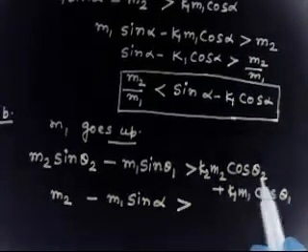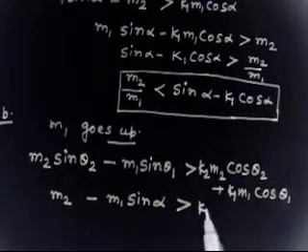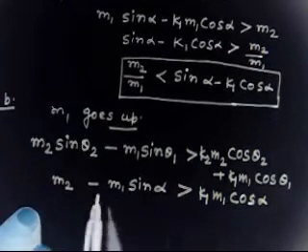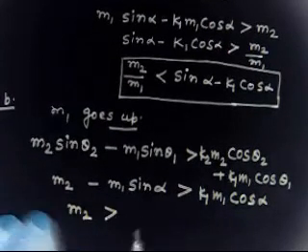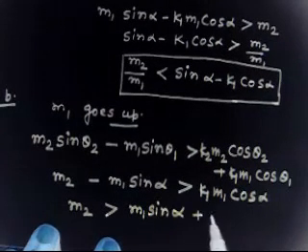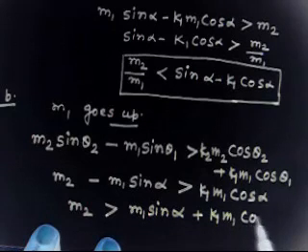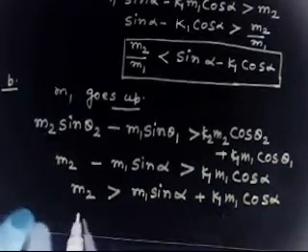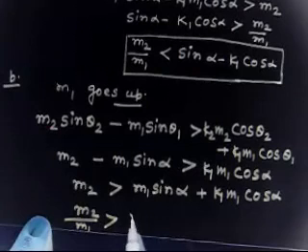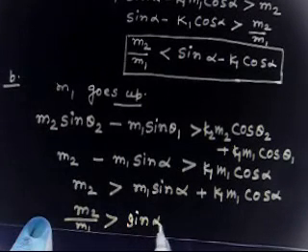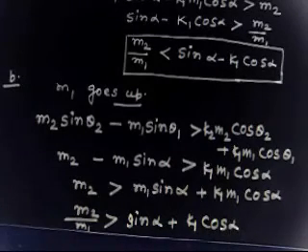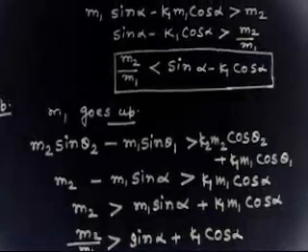This should be greater than, cos theta 2 is 0 at 90 degrees, so k1 m1 cos alpha. Now if I take this term this side, m2 should be greater than m1 sine alpha plus k1 m1 cos alpha. So I will have m2 by m1 greater than sine alpha plus k1 cos alpha. So this is the condition when m1 goes up.